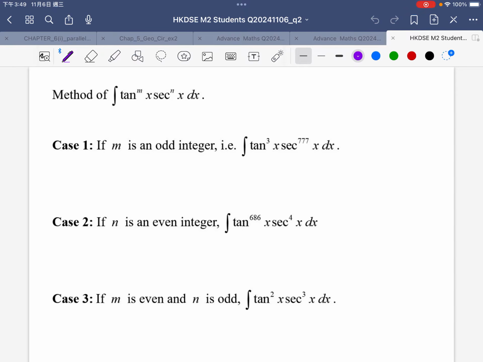In this video I try to illustrate how to do integration of this form: tangent x to the power m and secant x to the power n.